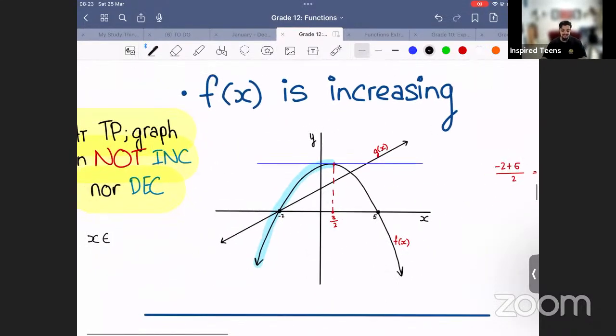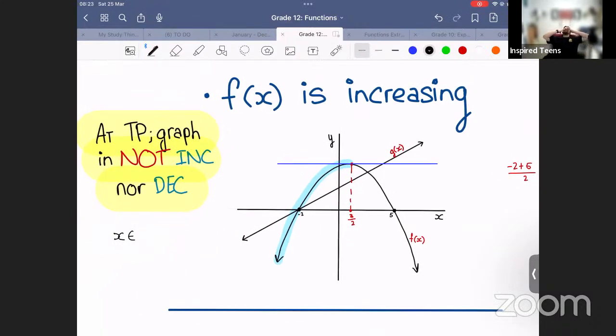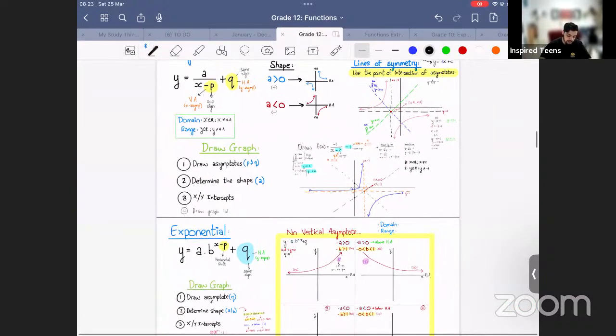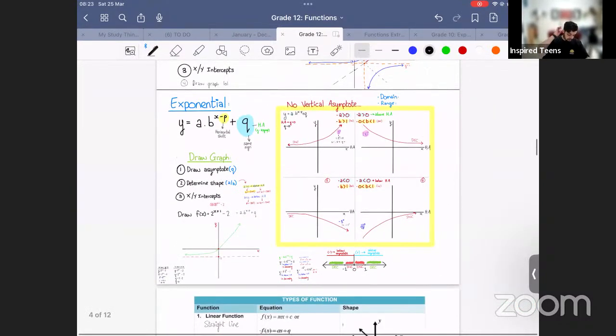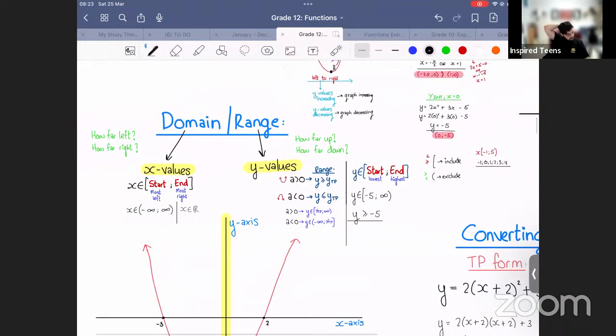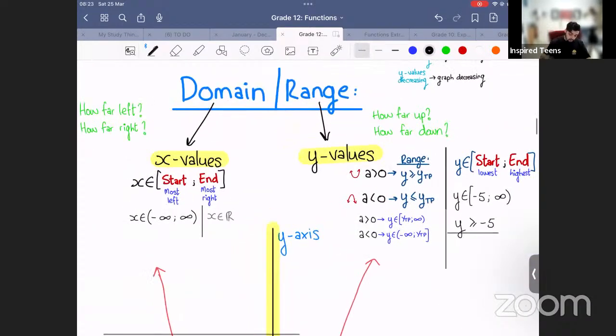When we are answering in terms of x values, I believe the first place we did it was when we discussed the domain and range of parabola. Now, these apply all over.